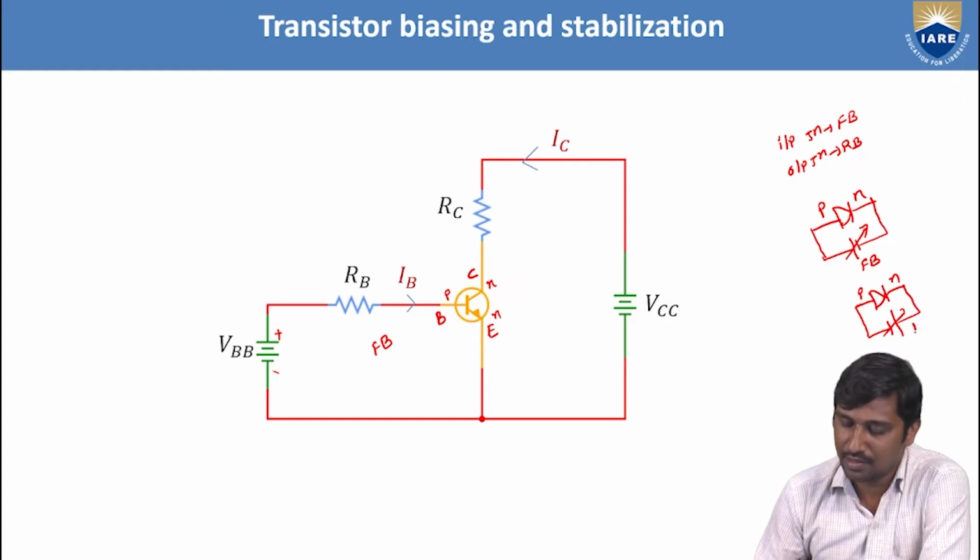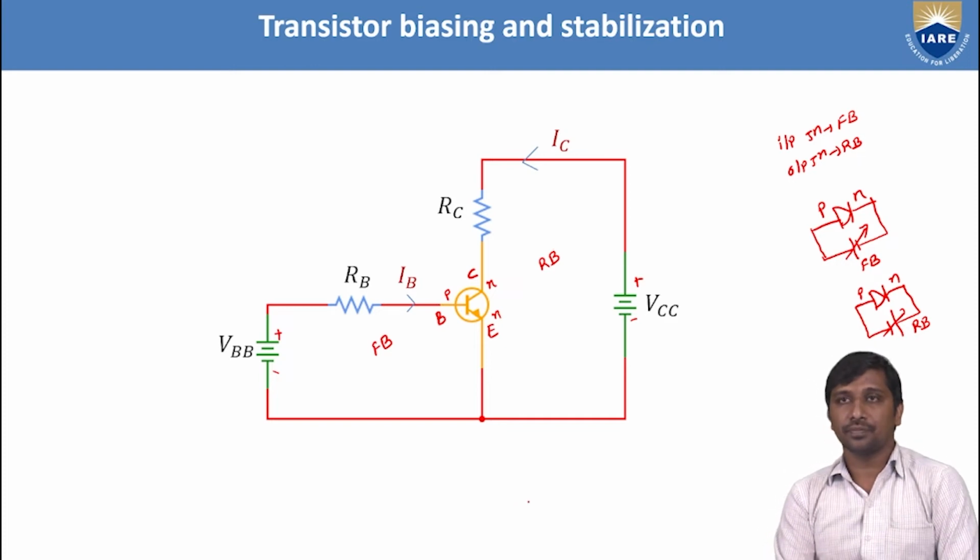Then we can say this is reverse biased. Hence, since the collector is made of N-type material, this N is biased with the positive pole of the battery with respect to the emitter. Now this output junction acts as reverse biased.